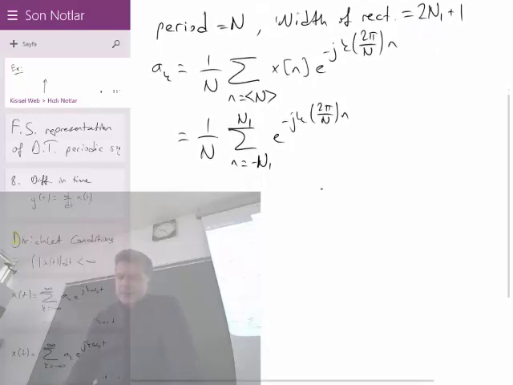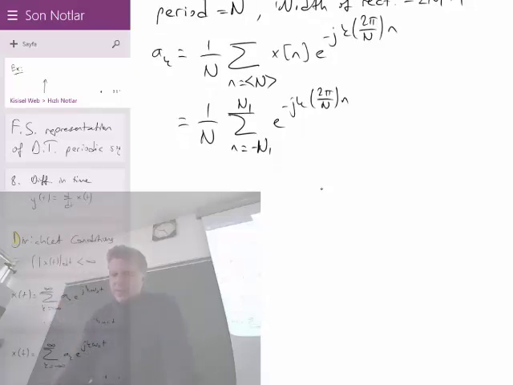The power series or exponential summations are usually defined from 0 to somewhere as a summation. So it's a good idea to make a substitution like this. Let's say that m is equal to n plus N1.